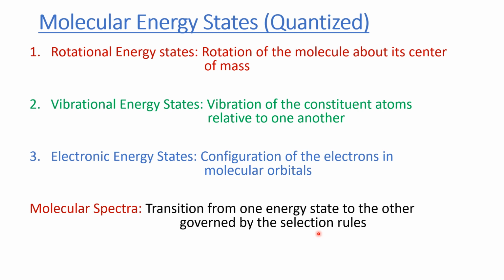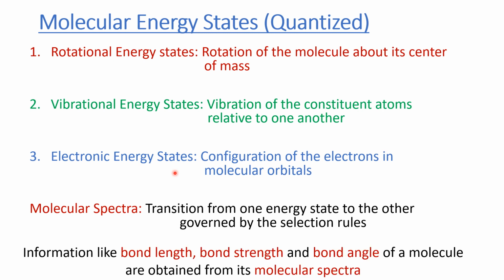We have different selection rules for the rotational transition, for the vibrational transition, and for the electronic transition. The molecular spectra give us information about the structure of the molecule: the bond length, the bond strength, and the bond angle.